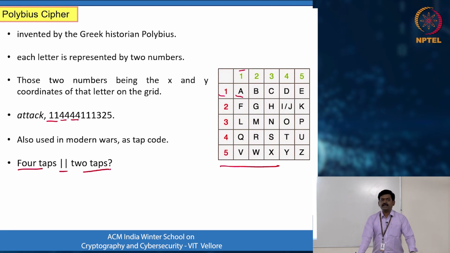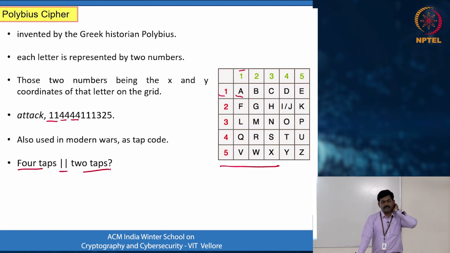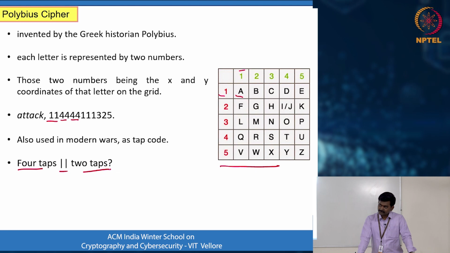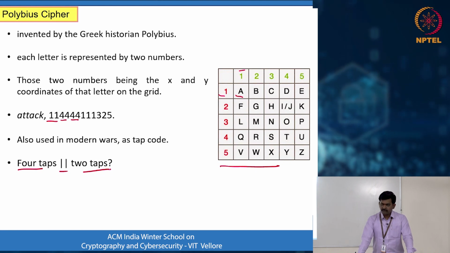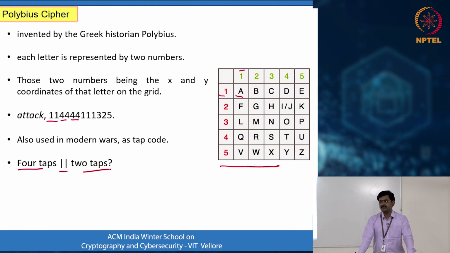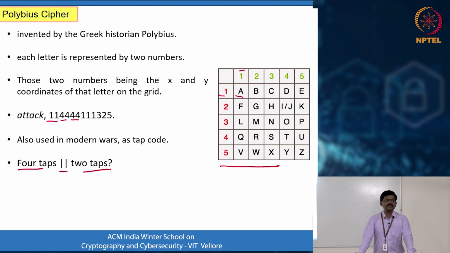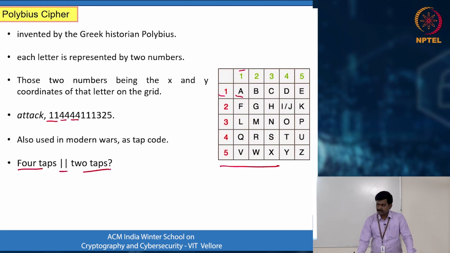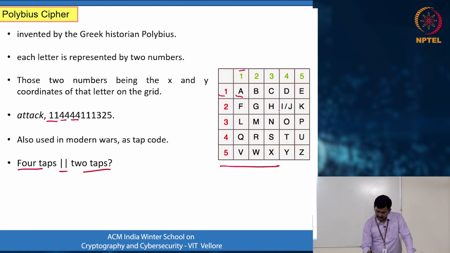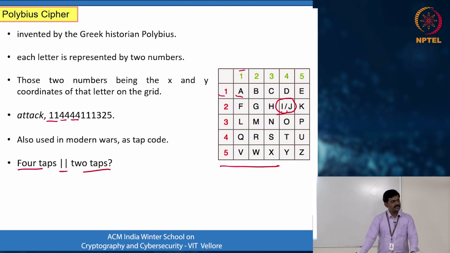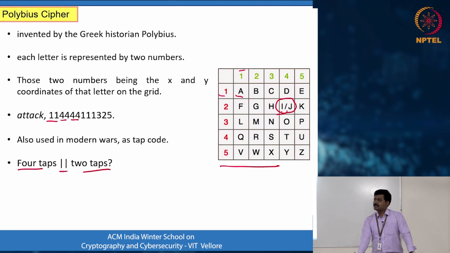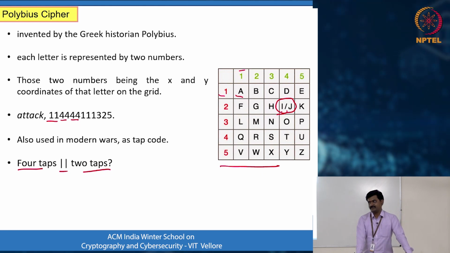Now, you have to carefully understand, there is one trick here. It's a matrix of 5 cross 5, so obviously it can accommodate 25 alphabets, but the language has 26 alphabets. So obviously you need to compromise on one particular cell, where the trick is that you have a cell with 2 alphabets sitting in the same cell, IJ.